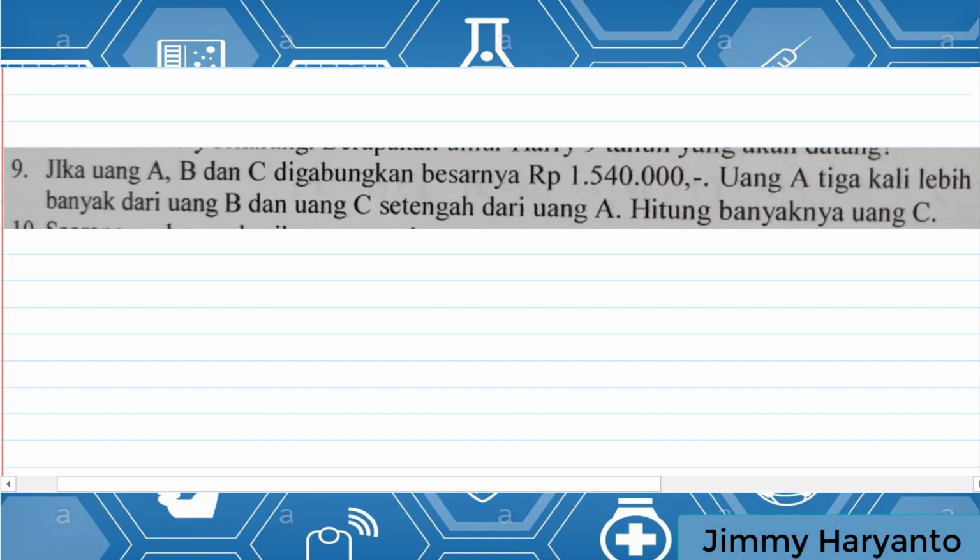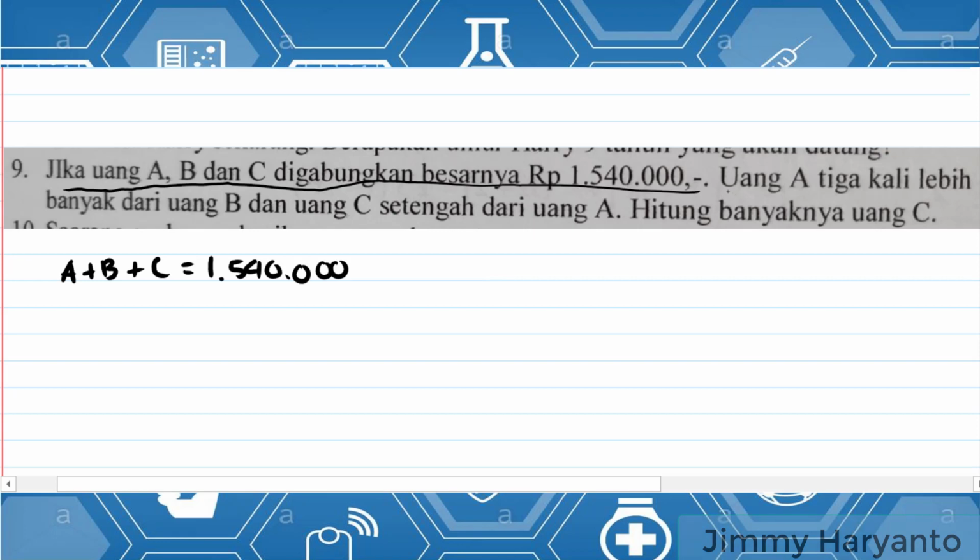Okay, from this sentence we can write A plus B plus C equals 1.540.000. Sorry, 1 million ya, 1.540.000. And then read the next sentence. Uang A 3 kali lebih banyak daripada uang B. Sampai sini dulu ya.